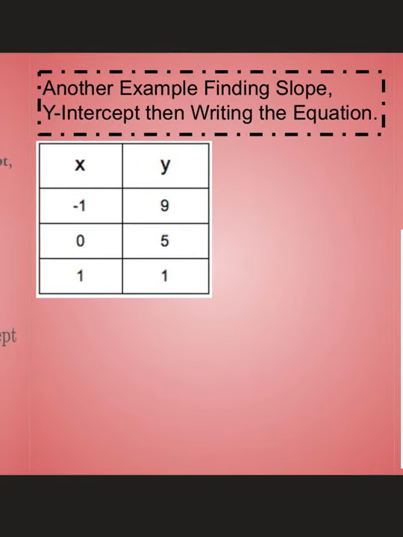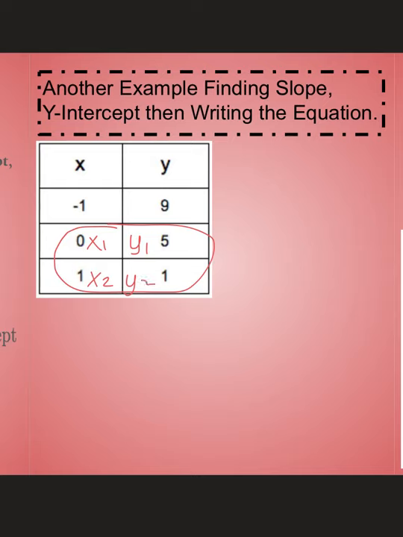Here's another example. We're going to first find the slope. Remember, I need to choose one pair of xy values, and I'm going to stay away from this first pair because I don't want to deal with that negative. So I'm going to choose these second two. I'm going to label x1, y1, x2, y2.